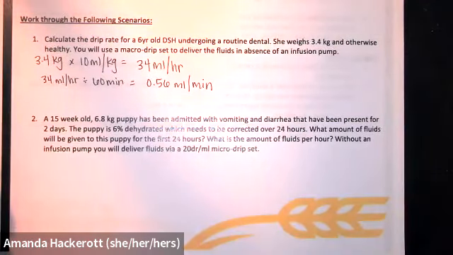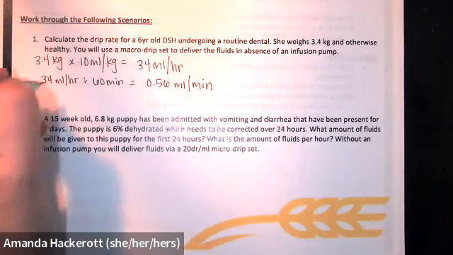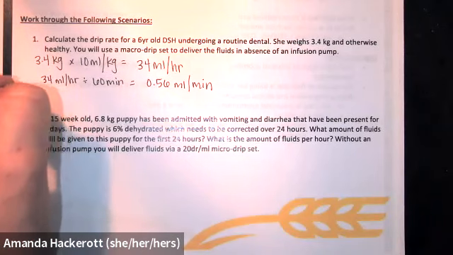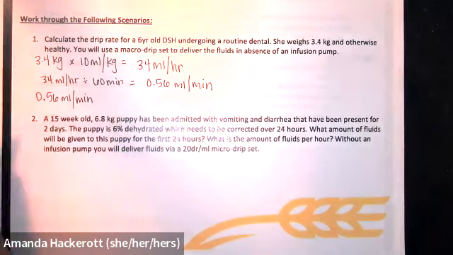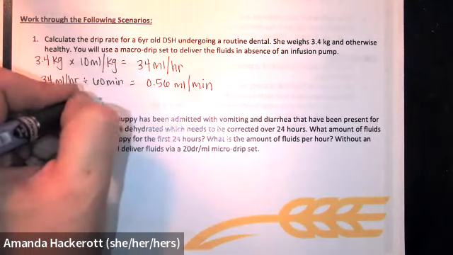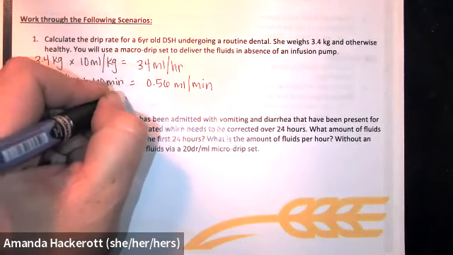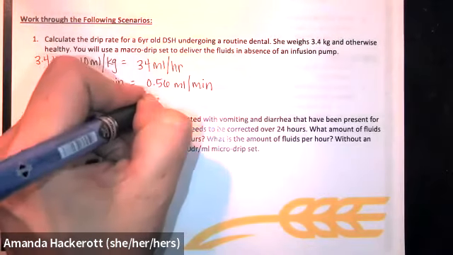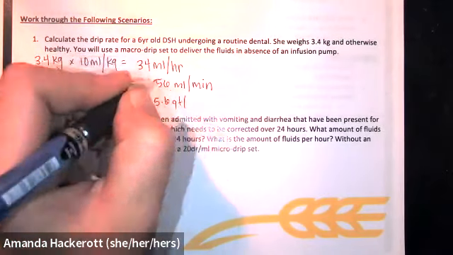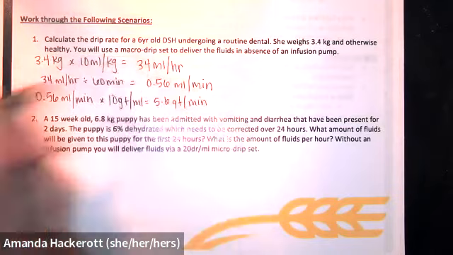And then we are using a macro drip set. So that's going to be our next step, is to times by the drip set. So we have 0.56 mils per minute. We're going to times that by our 10 drop per ml drip set. And that gives us 5.6 drops in a minute's time.